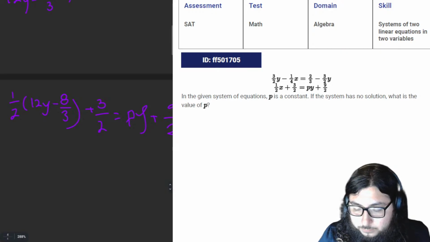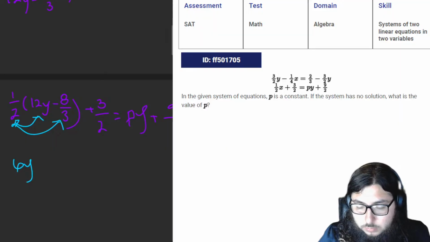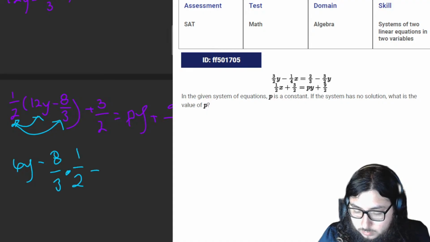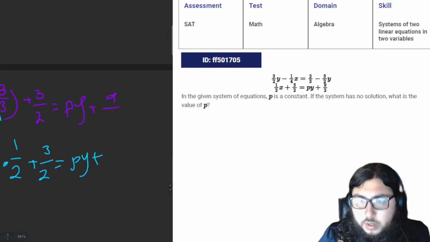So then, let's distribute this 1/2. 6y minus 1/2 times 8/3, so minus 8/3 times 1/2, plus 3/2 is equal to py plus 9/2.